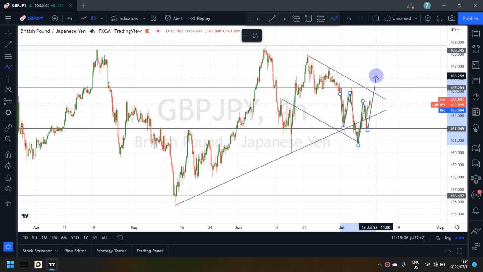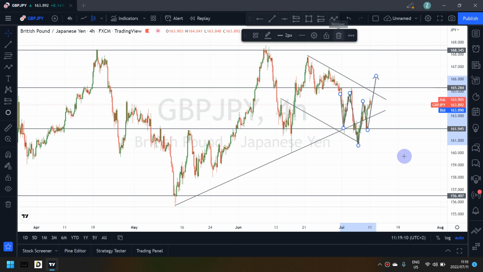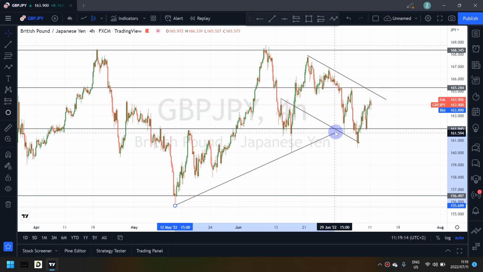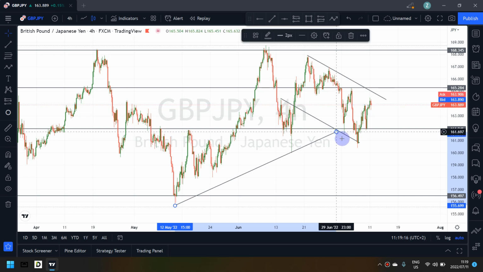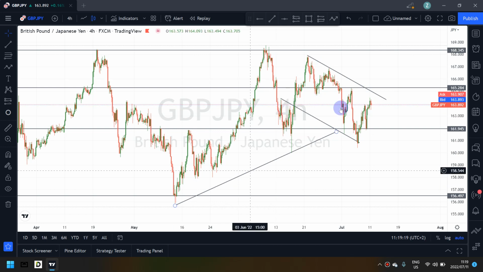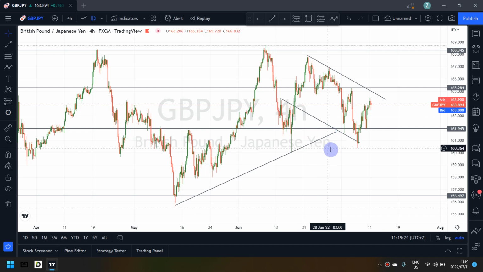So the market might be buying. I just want to get this line out of the way, as long as we know that this selling trend is inside a bullish trend, right?